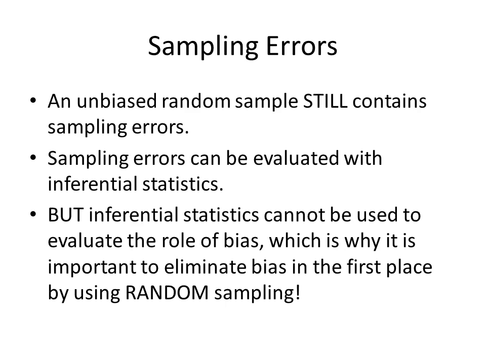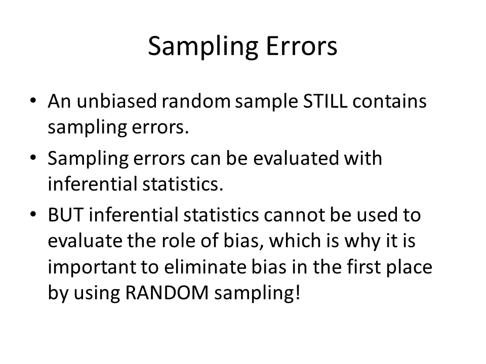Sampling errors can be evaluated with inferential statistics. But inferential statistics cannot be used to evaluate the role of bias, which is why in the first place we are trying to eliminate bias by using random sampling. Sometimes this really confuses students.